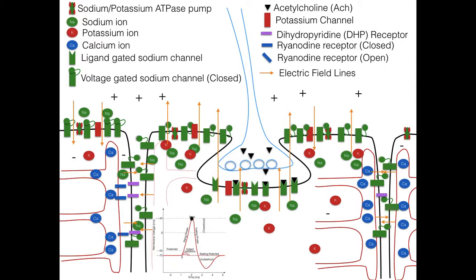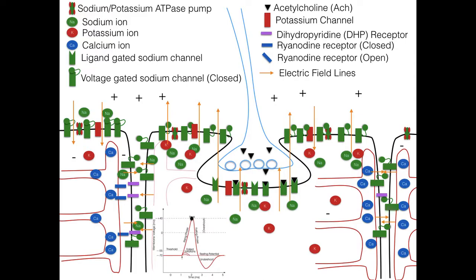Some of the acetylcholine will be what's called reuptaken by the synapse itself, right? This is actually the most economical way to do things, is that the synapse just binds to the acetylcholine itself, takes that acetylcholine back in through endocytosis, and then it can use it again later.